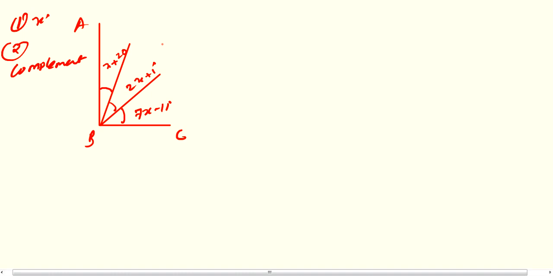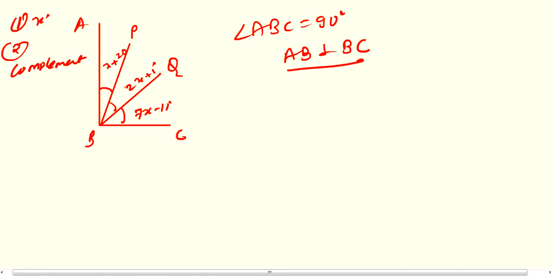So first, let this be P, this be Q. Now we are having a 90 degree here, ABC. Angle ABC is 90 degrees because it is given in the question that AB is perpendicular to BC. Now three angles we are having here.